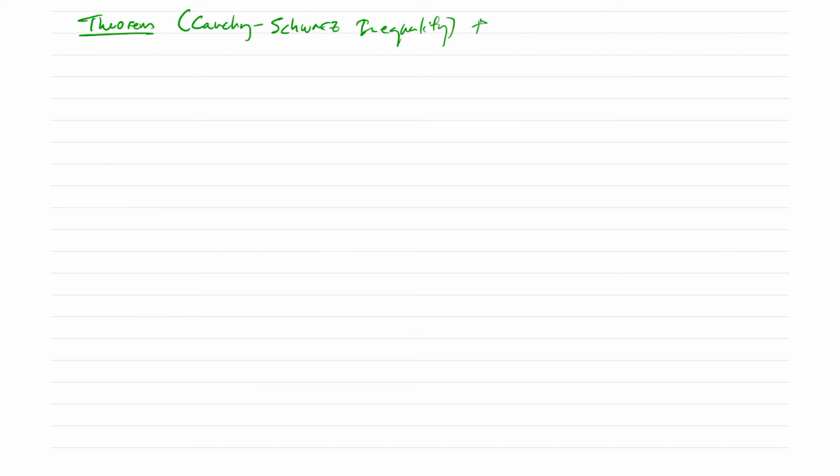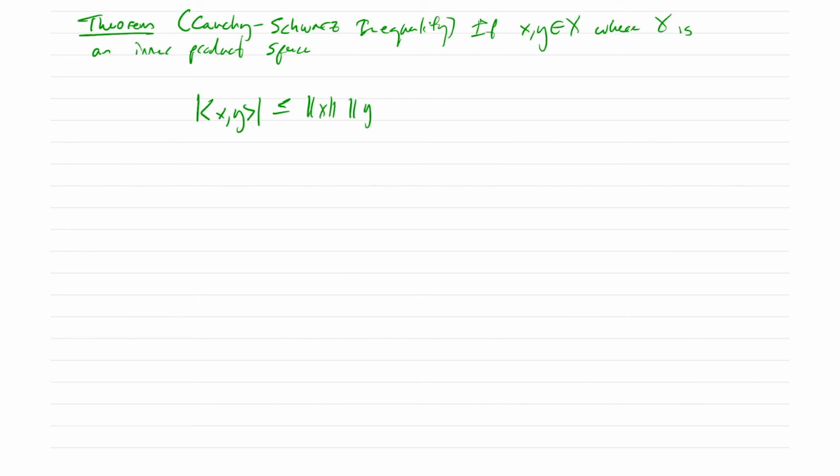Basically it says that if x and y are in X, where X is an inner product space, we have the following: the absolute value of the inner product of x and y is less than or equal to the norm of x times the norm of y, where the norm comes from the inner product itself.